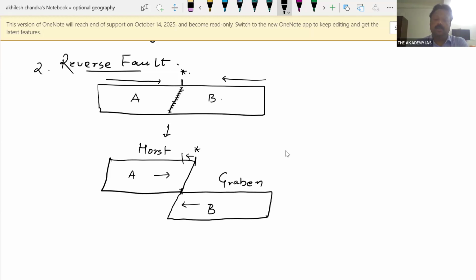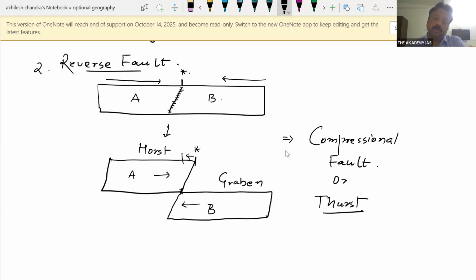But here the fault is called a reverse fault, or it is also called a compressional fault. Compressional fault. Again, reverse fault. This is also called a thrust fault.